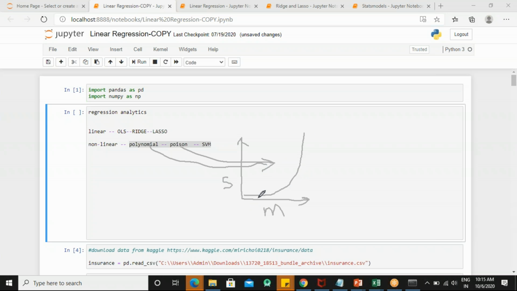Then it becomes an example of polynomial or Poisson kind of regression, where it's not a linear relationship between your independent and dependent variable. It is a non-linear relation. It's not a linear line. It's a non-linear curve or graph. It can be anything. It can be something like a sine wave. That's a different thing. It can be a squared function.